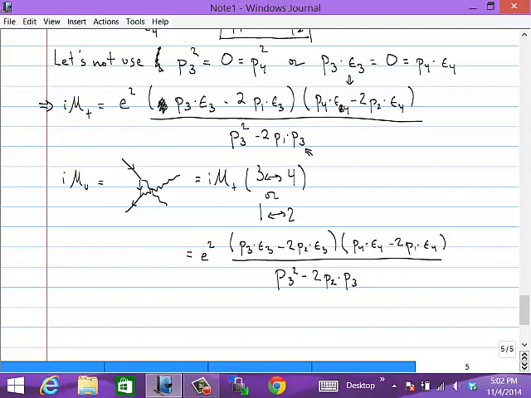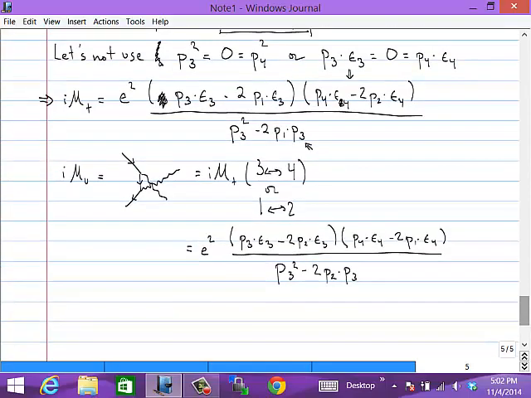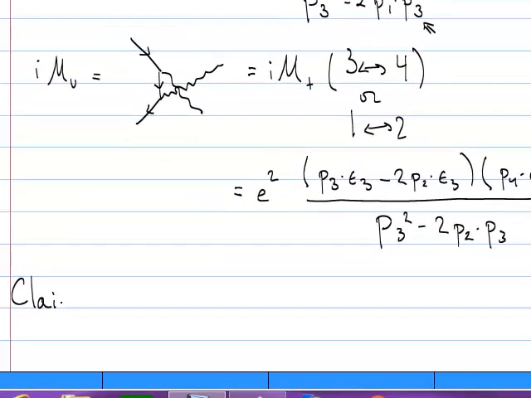Now, the claim that I made was that K mu, M mu, should be equal to 0. In particular, let's take photon 3 as our external photon.